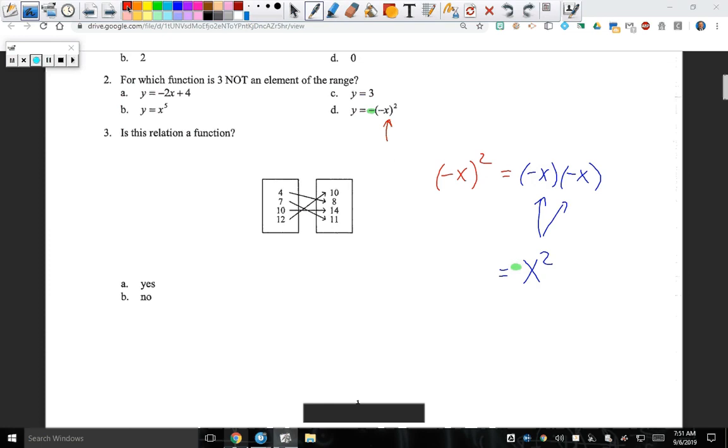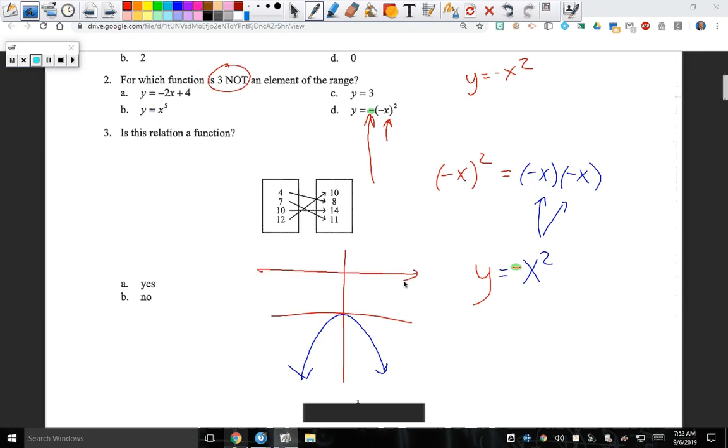So after this becomes a positive x squared, it goes right back to negative because of that piece right there. So what you're really graphing is y equals negative x squared, which is going to look like this shape going downward. So y equals 3 is way up here, and you see that it never crosses or even touches this graph. And we're looking for the not, so D would be the answer.